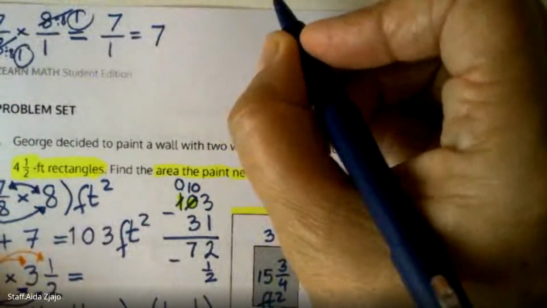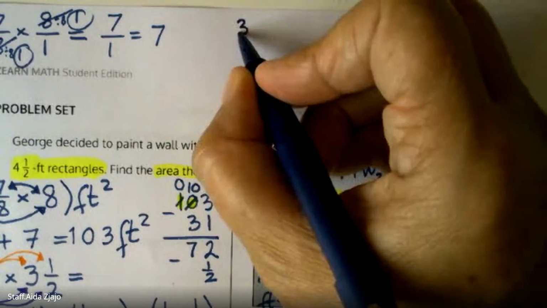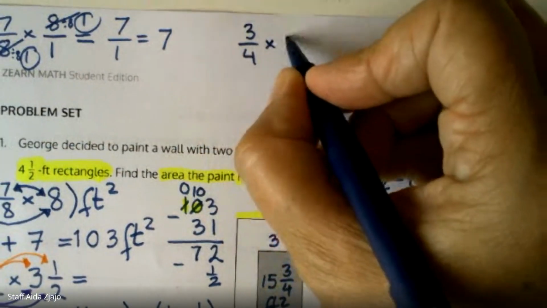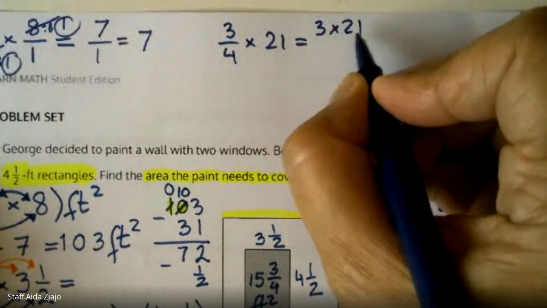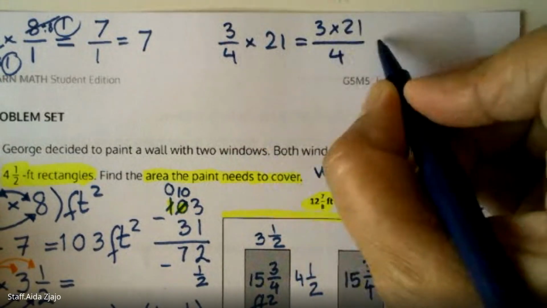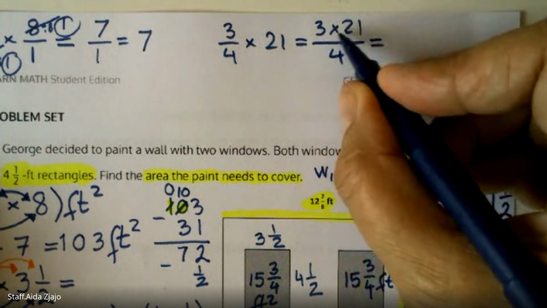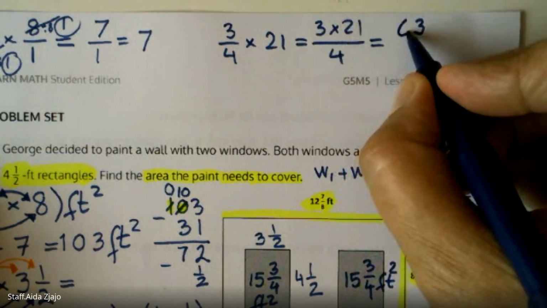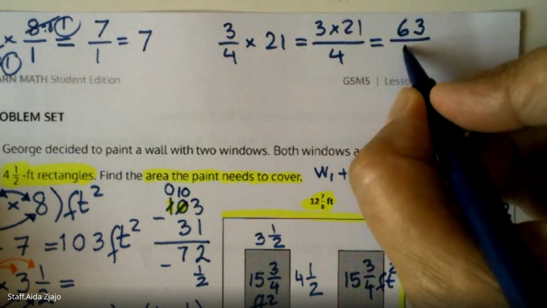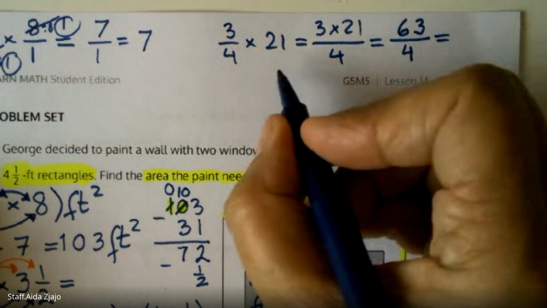Okay, so if I need to do 3/4 times 21, that means 3 times 21 divided by 4. 3 times 1 is 3. 3 times 2 is 6, so that's 63 divided by 4.